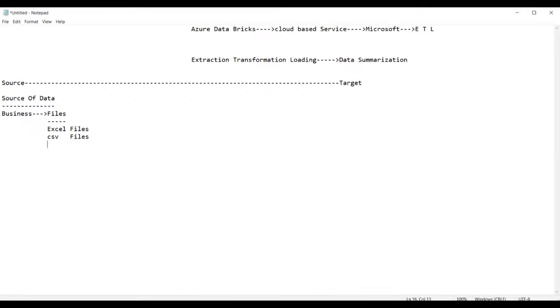JSON files. JSON stands for JavaScript Object Notation files. Okay, and then afterwards you have Excel files, CSV files, comma separated value files, JSON files, and you have the Parquet files.